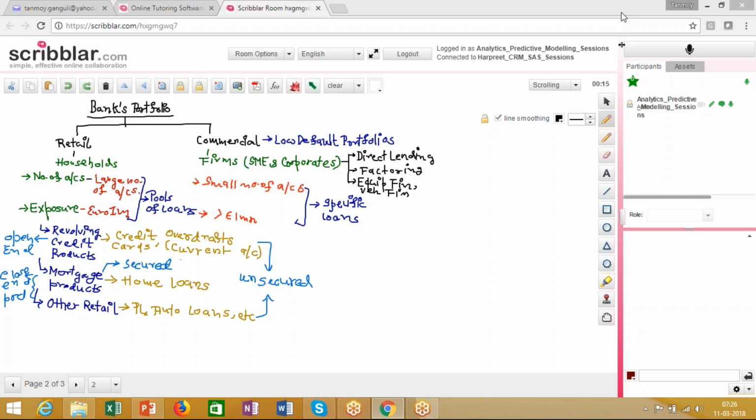Now again, within direct lending there are different kinds of products, right?